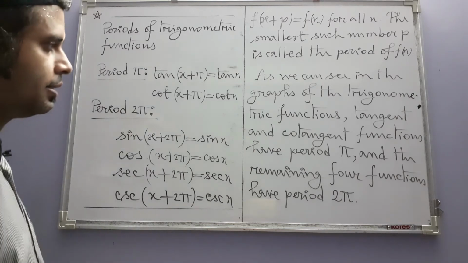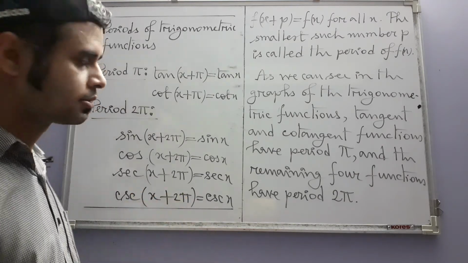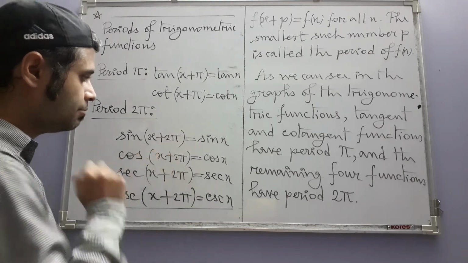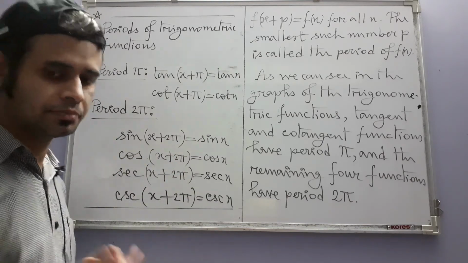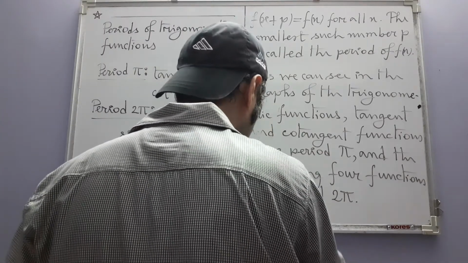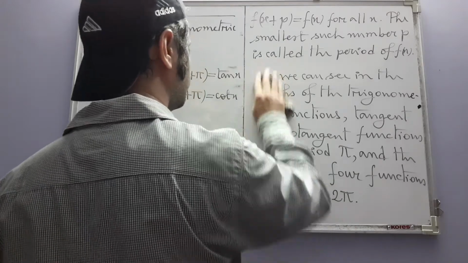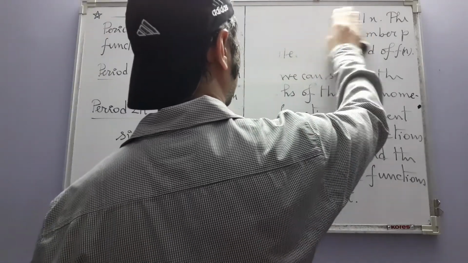Now, one can in fact create other trigonometric functions by tweaking the input and thereby changing the period. What we mean by that is shown next by these two examples.